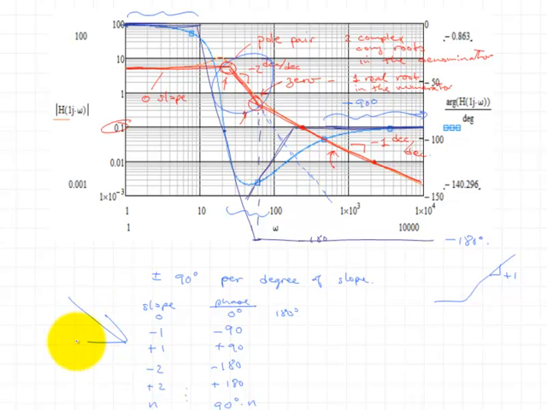and then from the magnitude response plot, using this relationship, I should say specifically this one, that the asymptotic phase is 90 degrees times n, where n is the asymptotic slope of the magnitude curve, we can then construct the phase response.